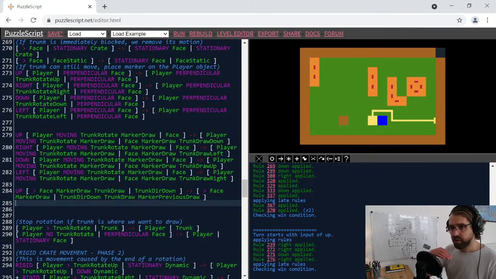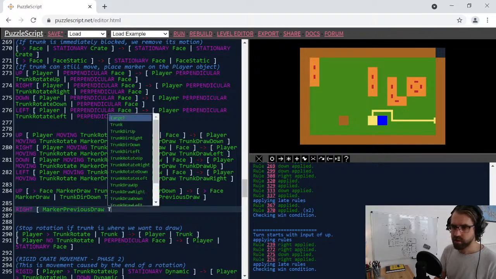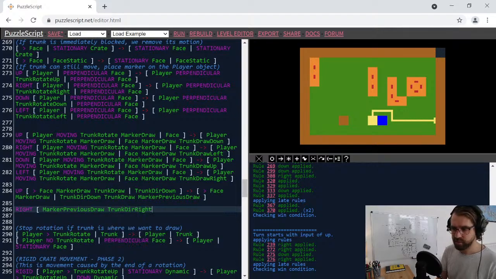Then, the follow, so this is going to be rightwards, there's going to be a marker previous draw, and what I care about is if there's a trunk to right, and a trunk draw right.